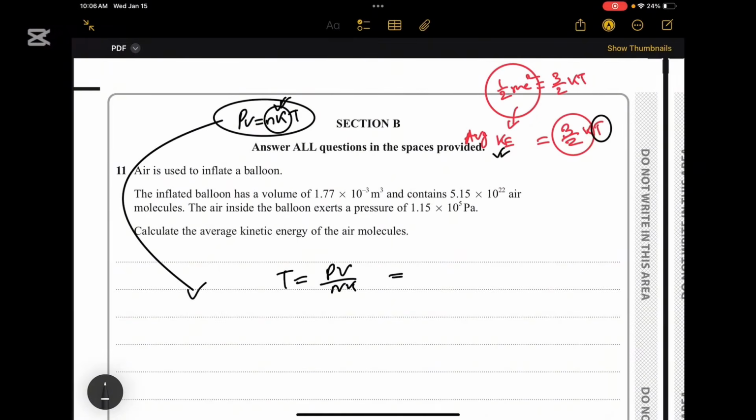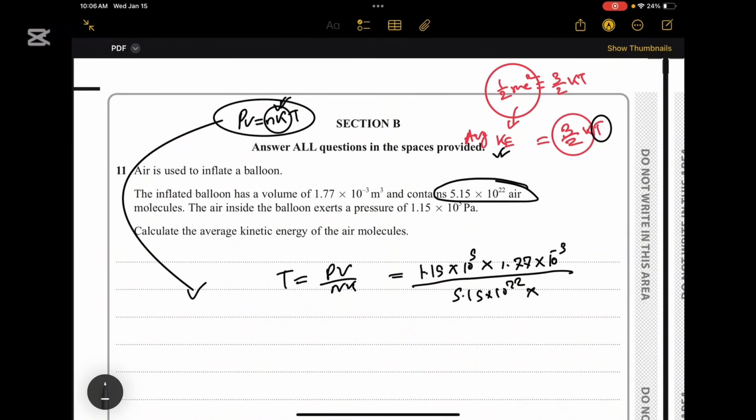We have got the pressure as 1.15 into 10 to the power 5, into volume as 1.77 into 10 to the power minus 3, divided by nk. We have got the n as well, which is 5.15 into 10 to the power 22, into the k value. The k value is a constant, which you need to memorize, or you can find it in the last part of the question paper, 1.38 into 10 to the power minus 23. So this is how we will get our temperature. Our temperature will be 286 Kelvin.